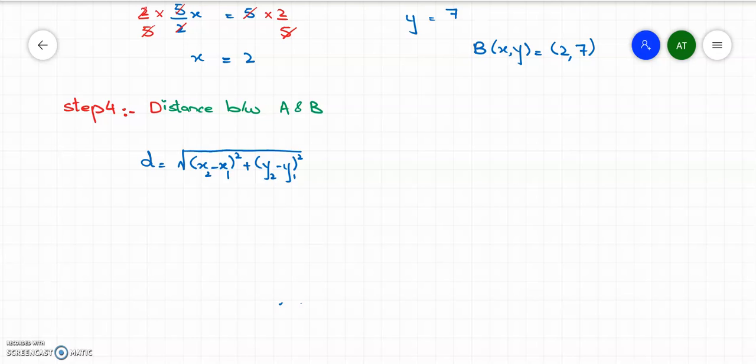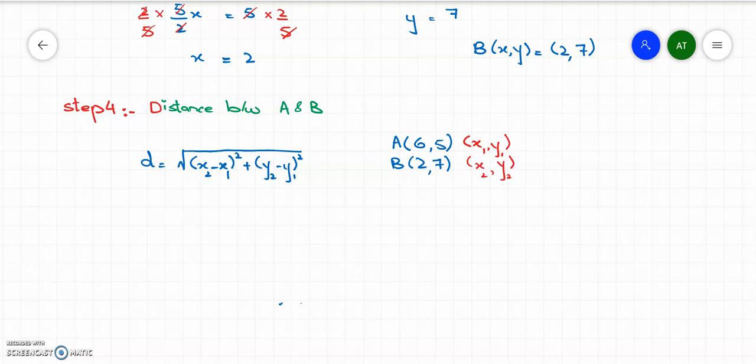Let me write it down first. So the point A is the A point I have in the question, (6, 5), and the B point we have just got, that is (2, 7). Also let me label it with x1, y1 and x2, y2, right?